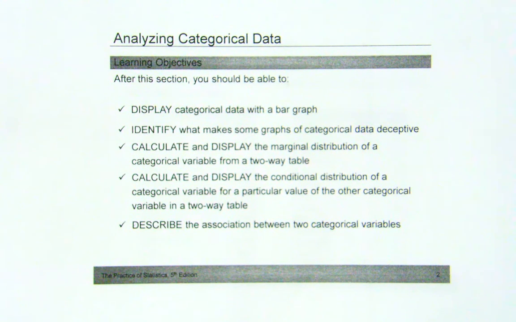And then after those two, if I run out of time in the second video, we're going to calculate and display the marginal distributions of a categorical variable from a two-way table, and then calculate and display the conditional distributions of a categorical variable for a particular value of a categorical variable in a two-way table. And then lastly, we're going to describe the association between two categorical variables, and that is actually going to be the hardest out of all those.